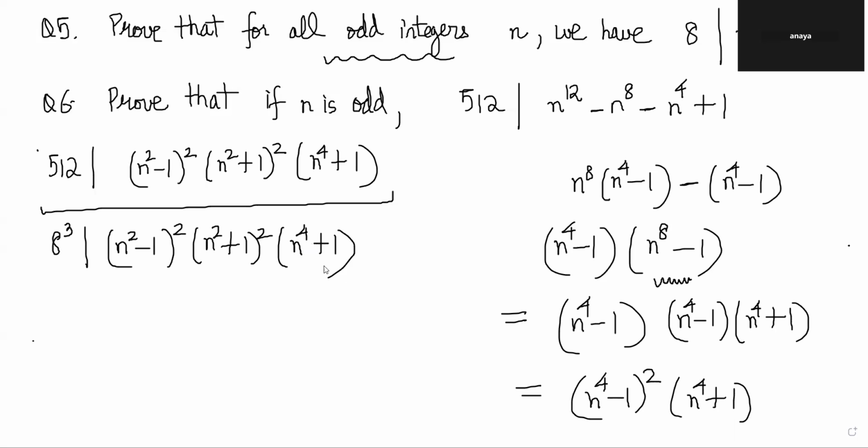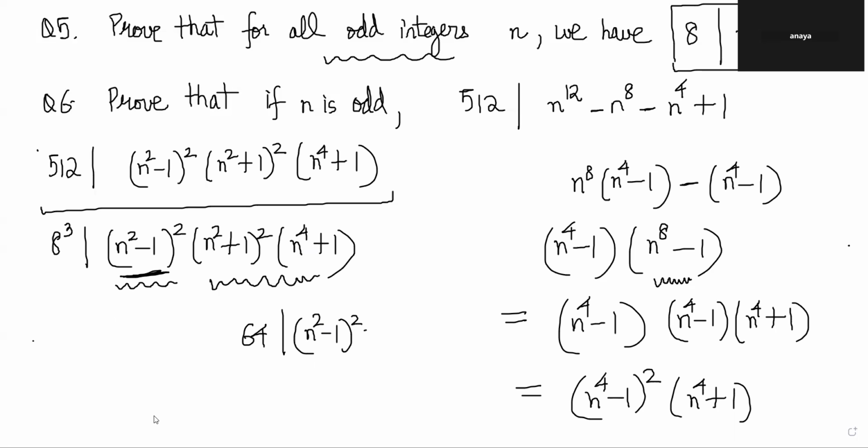Using the previous problem, we already know this, right? So obviously we know that 8 square will divide this much. You already know 64 will divide n square minus 1 whole square. Can you prove that there is another 8 that divides this? That's what you have to prove, right? If you can get another 8, then the whole thing is divisible by 8 cubed.